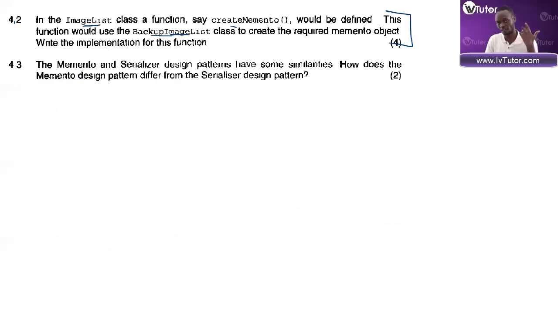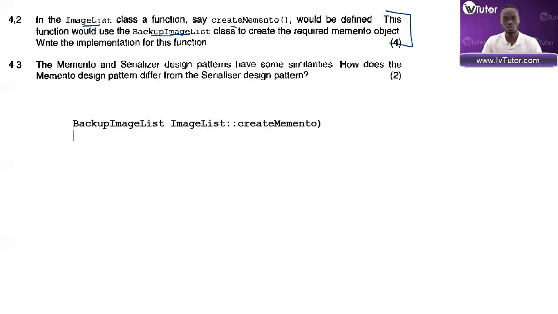And again, if you have understood Memento, this is very easy to implement, because your class returns an instance of the backup image list. What is the name of your class? Image list, create Memento. And in here, you want to make an instance of your Memento.